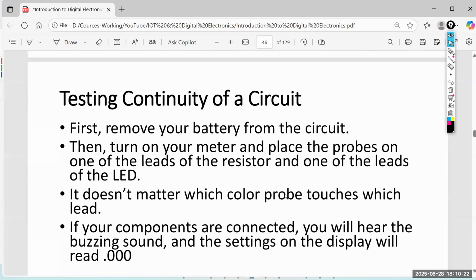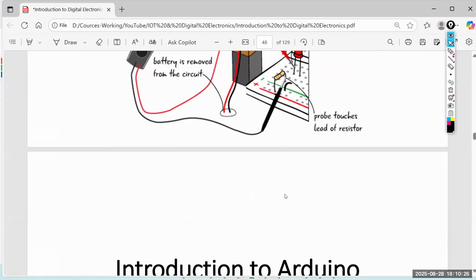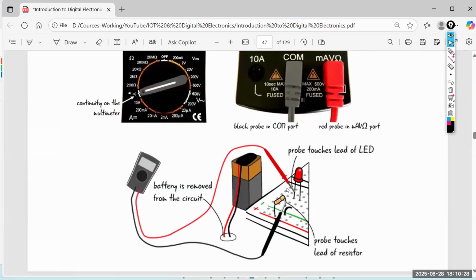And next class, this is how you do the continuity test. A continuity test will just give you a beep if there's a closed path. If there's no closed path, you don't need to give current. For example, now the battery is not there. But if there's a closed path, that means your circuit is properly connected, and when you set it to continuity, it will give you a beep.